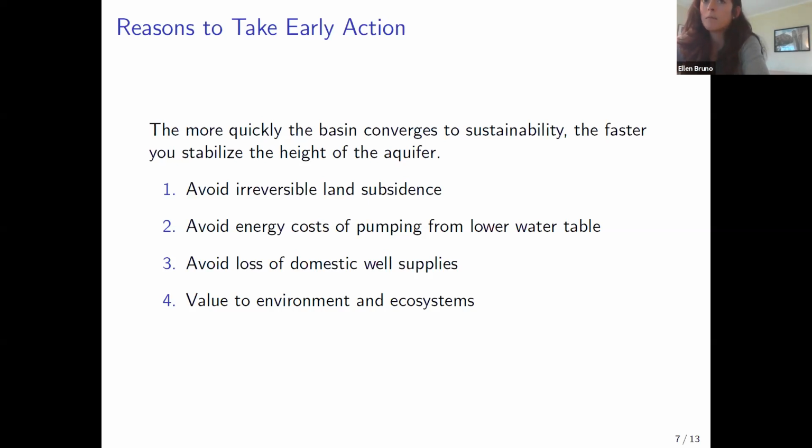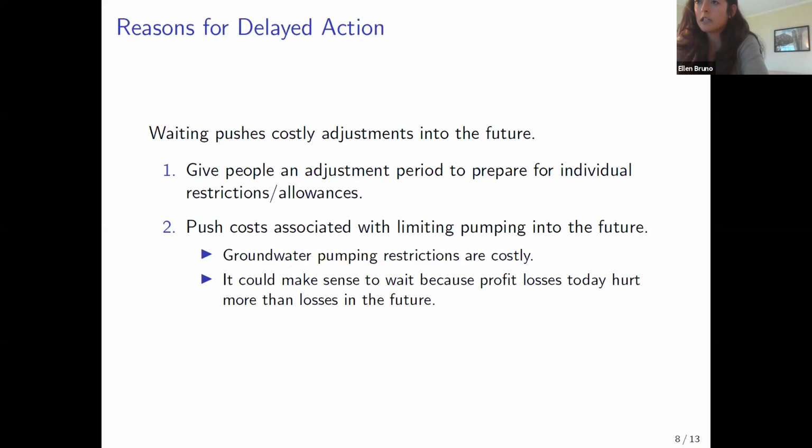But at the same time, there might be reasons why we would consider delaying action. If we delay action, then we push the costs of meeting these groundwater allowances or restrictions to somewhere down the line in the future. The argument for why we might want to consider pushing costs into the future is that, if we're thinking in an agricultural context, groundwater is a critical component of farming.